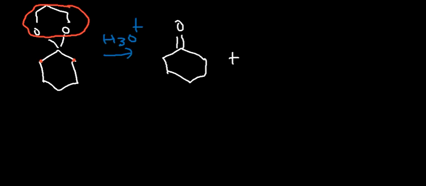The other product will contain these two oxygen atoms and these three carbon atoms. So it's going to look like this. Let's draw the three carbon atoms first, and then add the two alcohol groups. So instead of ethylene glycol, in this case we have 1,3-propanediol. So those are the products for this reaction.